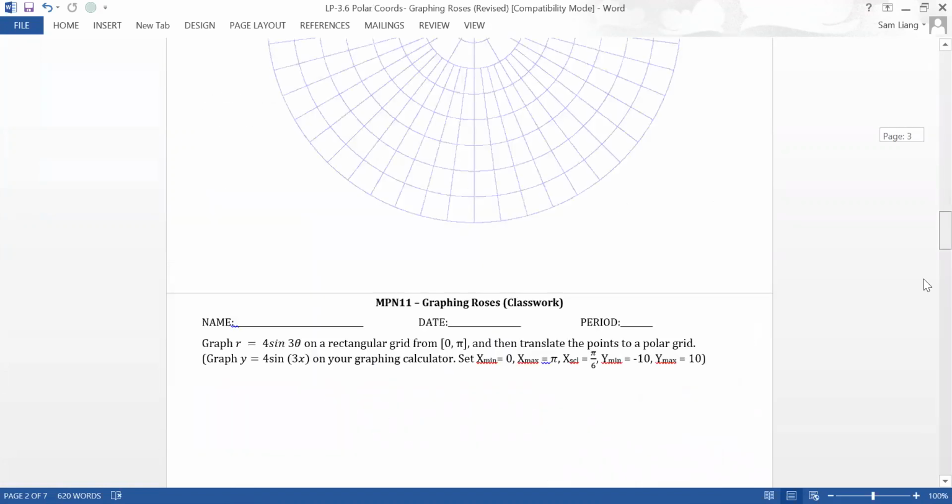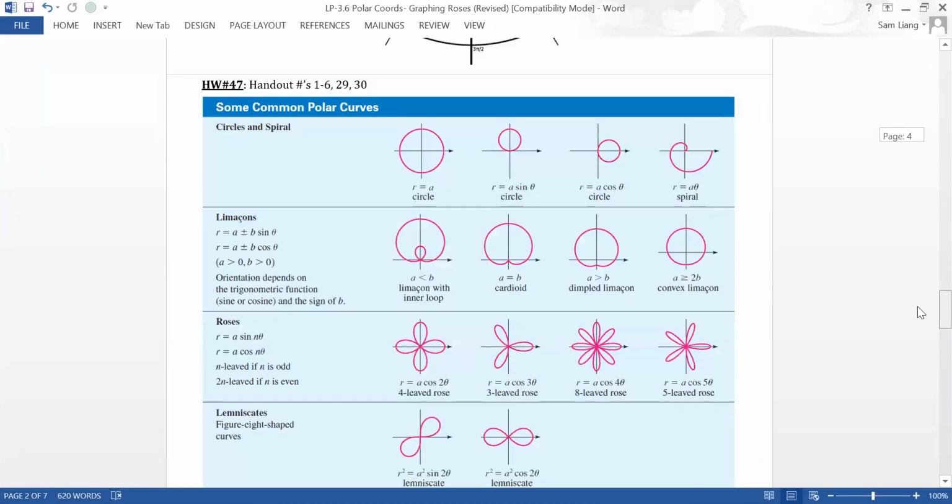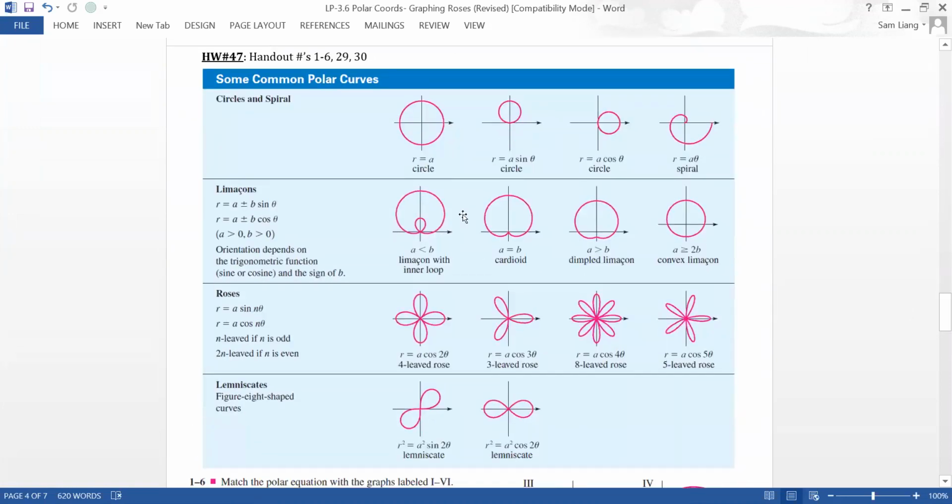So on the homework, I actually included a summary that was provided from the old textbook. Now you'll see this in the homework assignment on Google Classroom, but just want to mention, good resource, good summary to think about what we've learned so far. So here we have circles in the first row. Next we have limaçons, and then we saw that a cardioid is a special case of a limaçon.